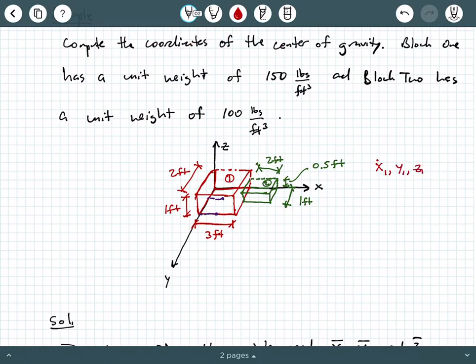I'm going to say x1, comma, y1, comma, z1 for block 1. What does that come out to be?